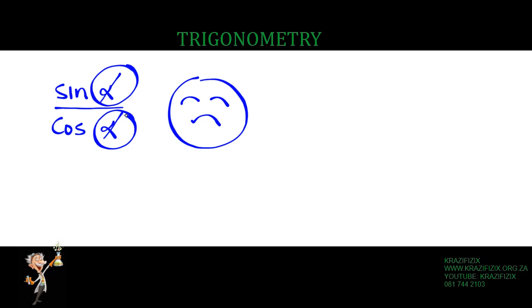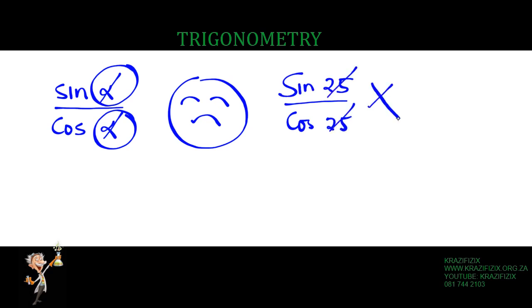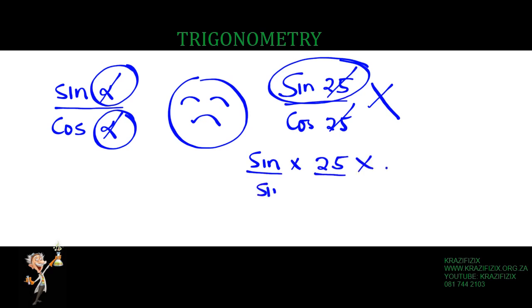So if I were to say sine 25 over cos 25, please do not do this. This is wrong, because this is a value as a whole. You're not saying sine times 25. There's nothing like this in math. It is the sine of the angle, sine 25.